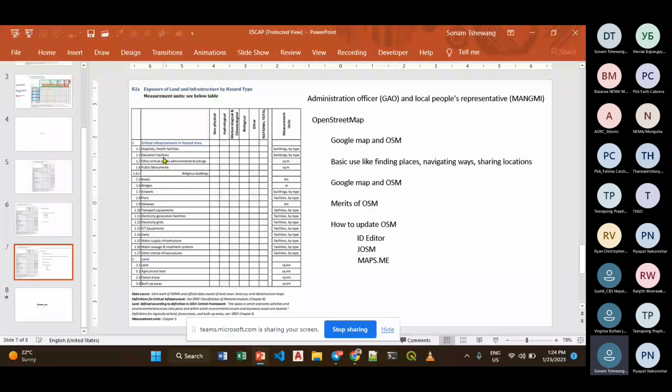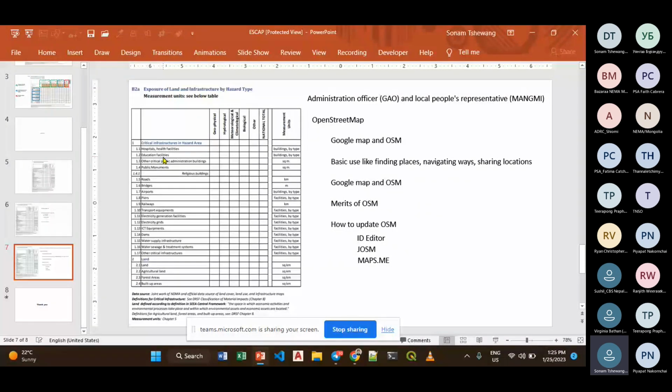If people on the ground update it, it can be more accurate and precise, and useful to the government, especially for disaster response or any other response, and even planning. Those data can be very useful.